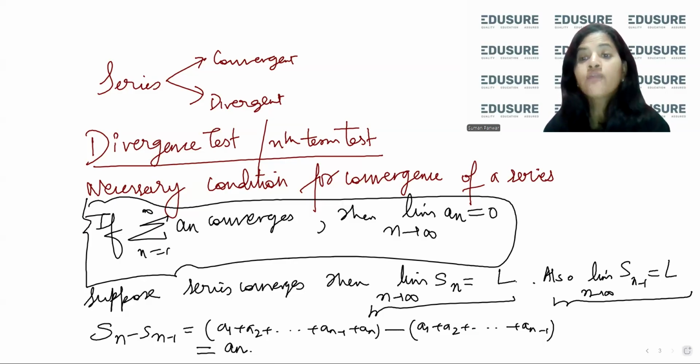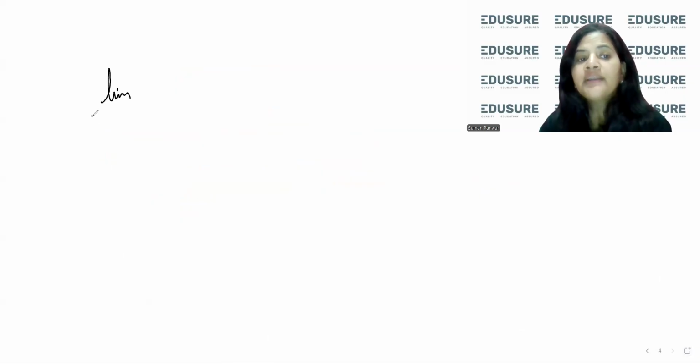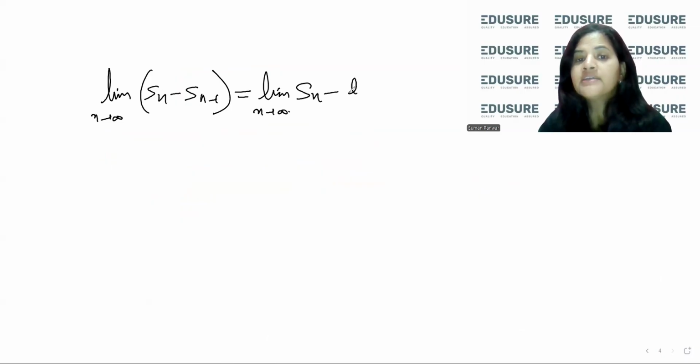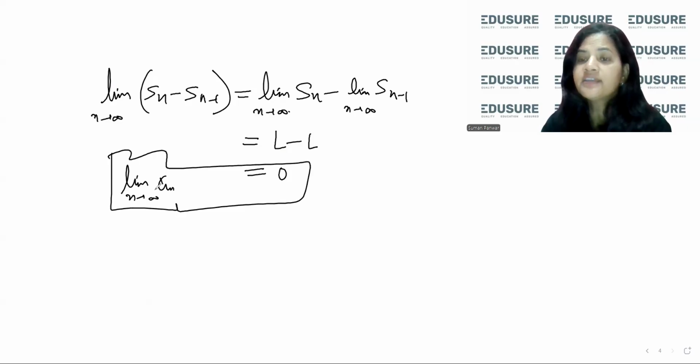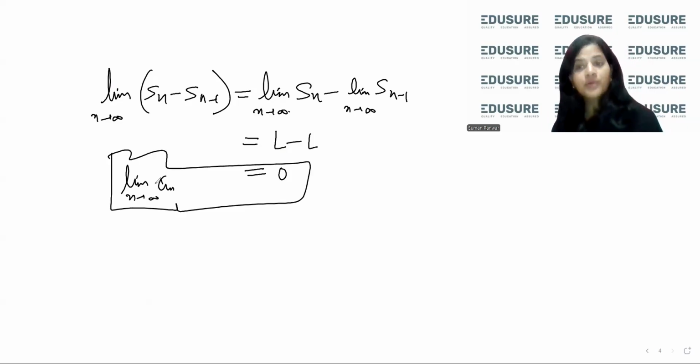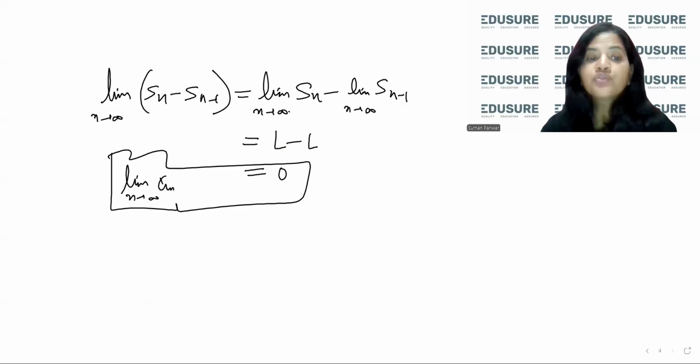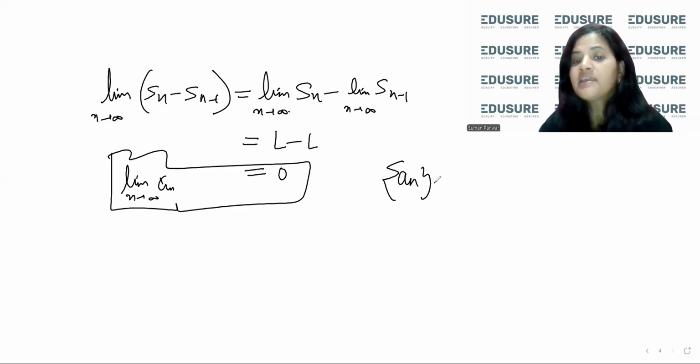Now, by the algebra of convergence of sequences, limit n tending to infinity of S_n minus S_(n-1) is equal to limit of S_n minus limit of S_(n-1), which is L minus L, which is 0. And the left hand side is nothing but a_n. So we have proved that if an infinite series summation n going from 1 to infinity a_n converges, then a_n has to go to 0. So the sequence a_n is convergent to 0. That is what we have proved.